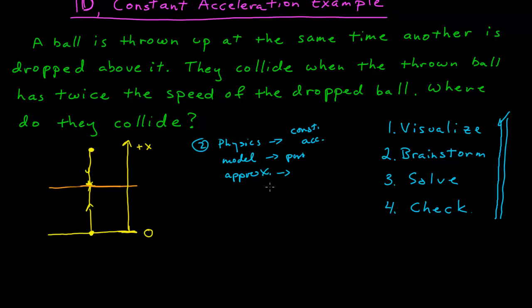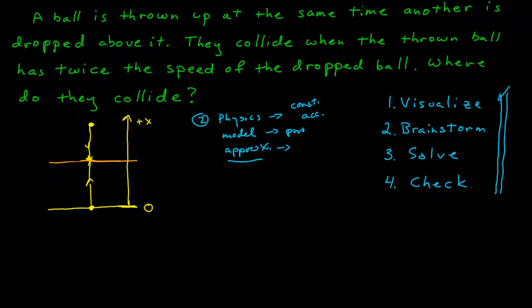We're ignoring any air resistance or any other acceleration other than the acceleration due to gravity. And so that's part of the approximation. And that leads us to the idea that we're going to be able to apply our constant acceleration equations. Okay, so let's go ahead and get that down.